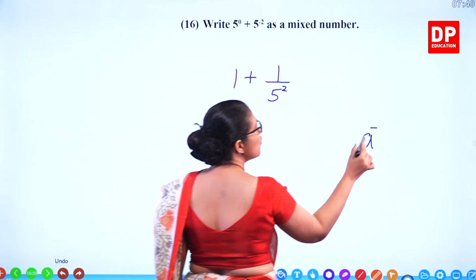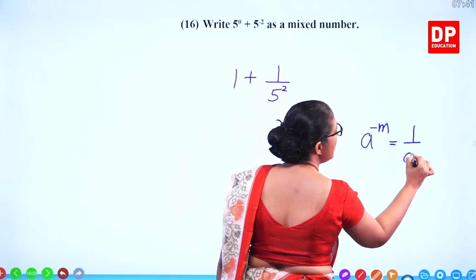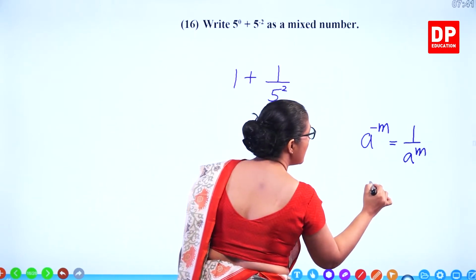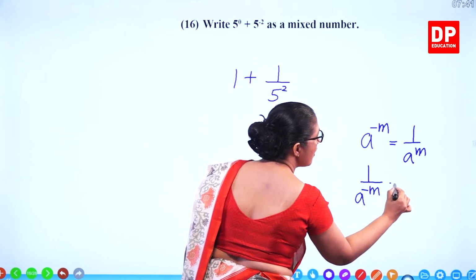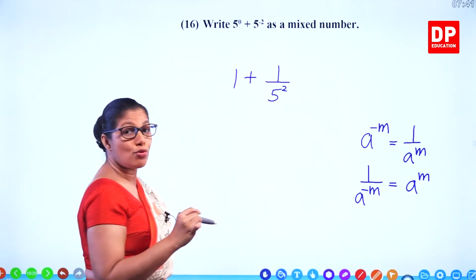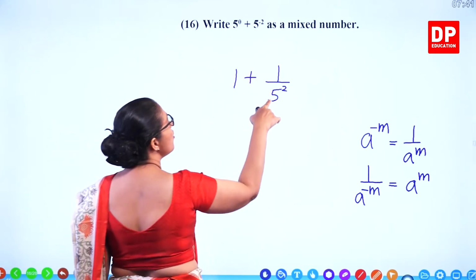So we'll write a to the power minus m, you can write 1 over a to the power m. Or if it's in the denominator, negative power, you can take it up and write a to the power m like this. So those are laws of indices. So you can write 1 over 25.